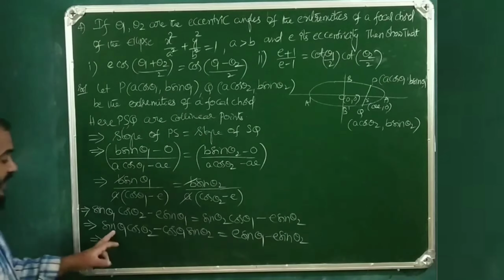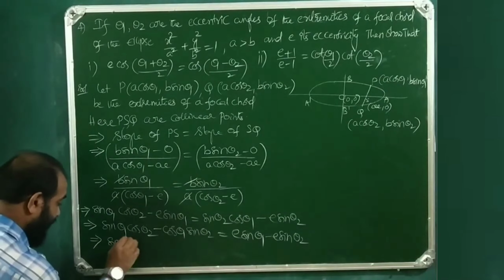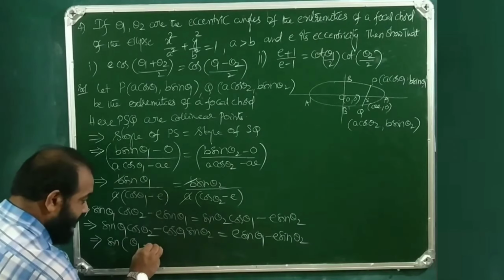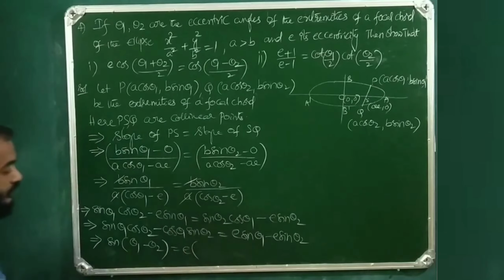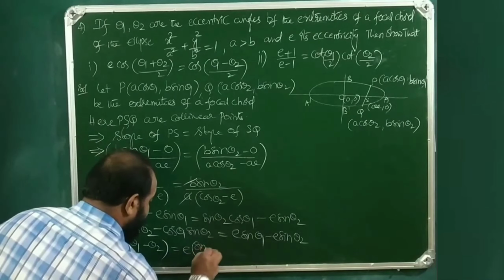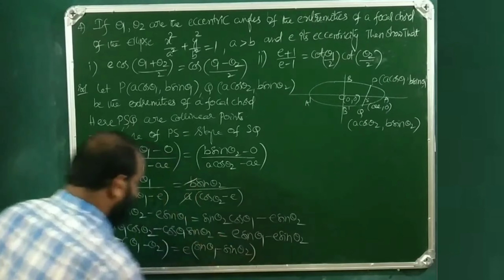So this is sin a cos b minus cos a sin b, which is sin of a minus b. Sin of theta 1 minus theta 2 is equal to e into sin theta 1 minus sin theta 2.